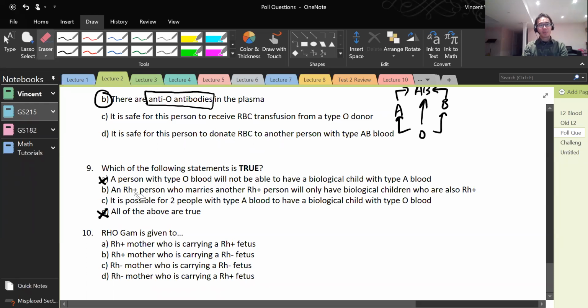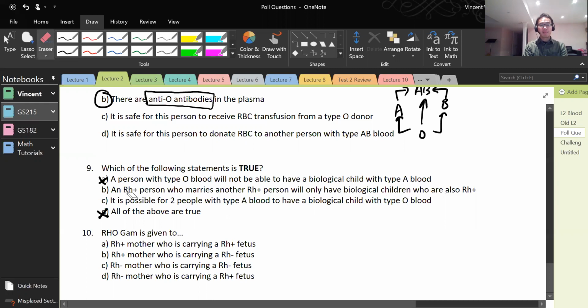An RH positive person who marries another positive person will only have biological children who are also positive. And again, on face value this looks correct, right? Positive, positive, of course they're going to have positive. But I just explained earlier, you don't know if they are homozygous positive or heterozygous positive.